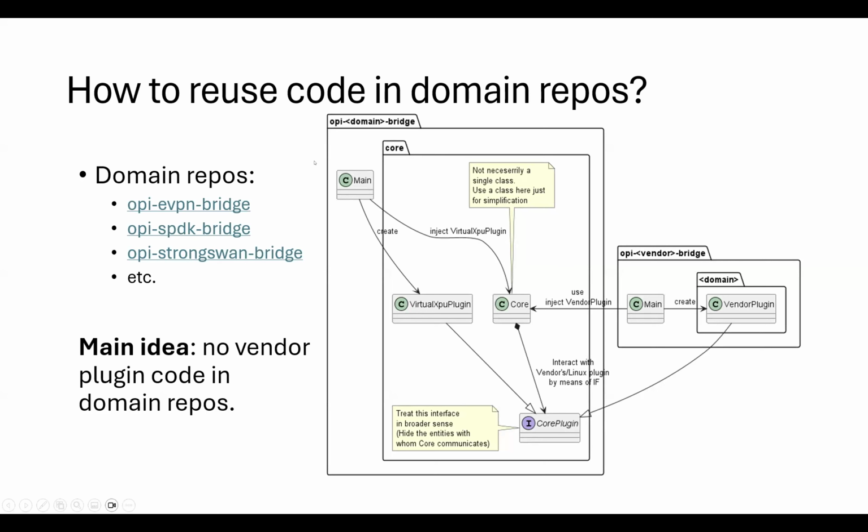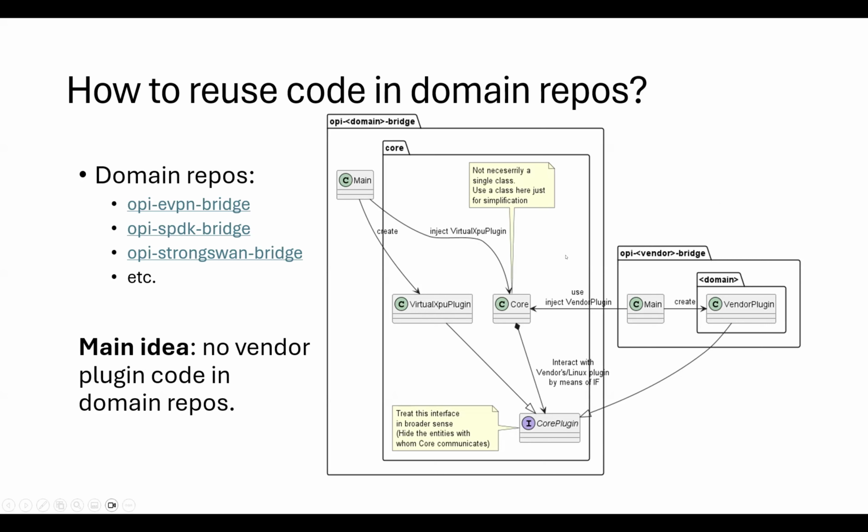And the rule we want to introduce here is that we do not allow any vendor plugins in such domain repos. If you want to use some code from such repos, we need to provide plugins located in vendor repos.